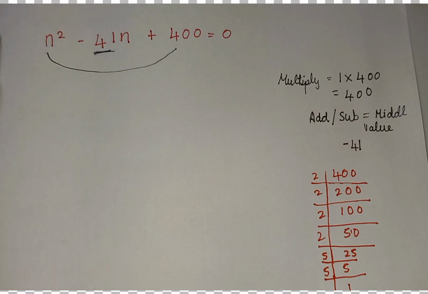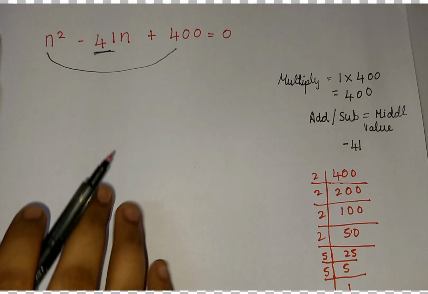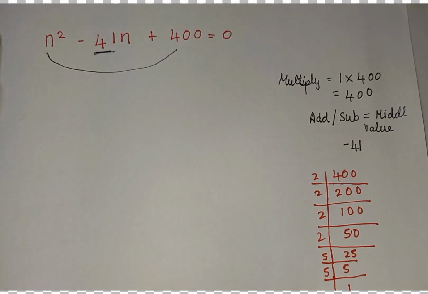So these are the factors of 400. I hope you know how to find the factors. This is how we are supposed to find them.